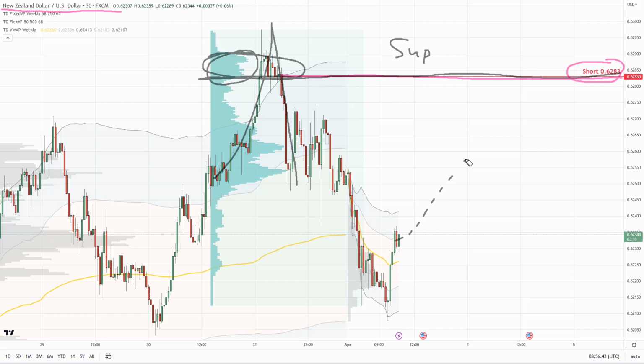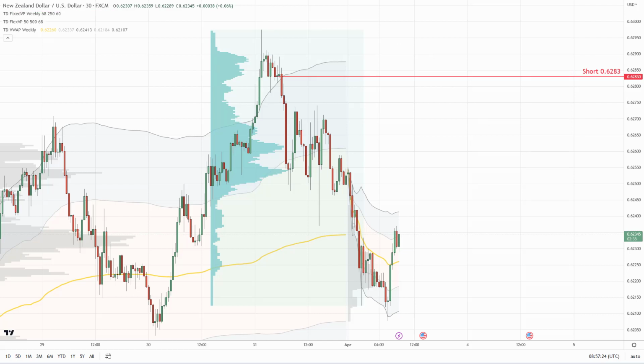So when there's a pullback, then it is likely that there'll be a reaction as sellers from this place will become active and defend this place, which is clearly important for them because they placed a lot of their shorts there, and they will push the price downwards from there again. All right, so that's the rejection setup and the trading idea on New Zealand dollar, US dollar.